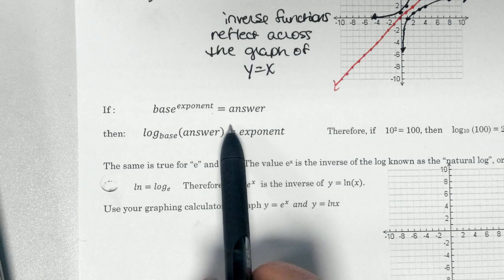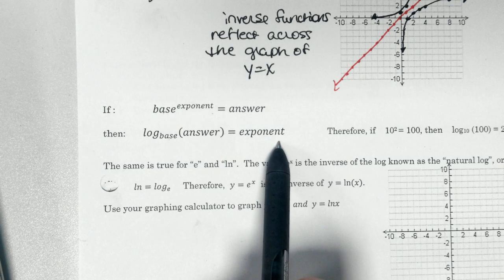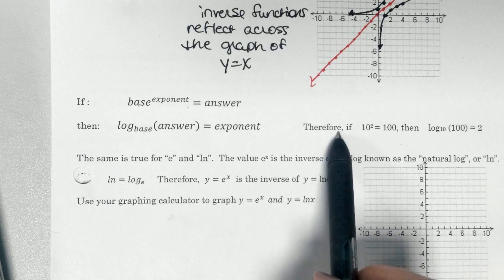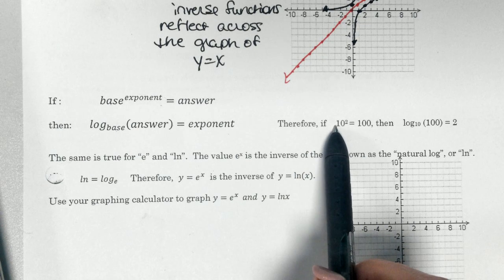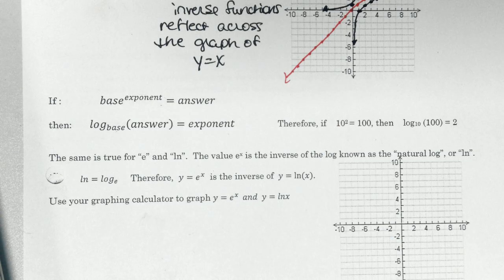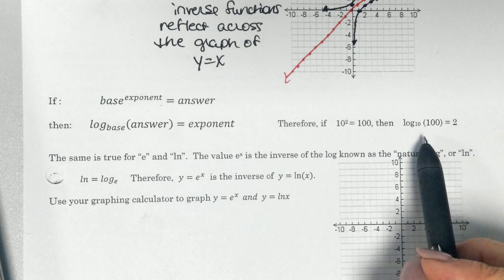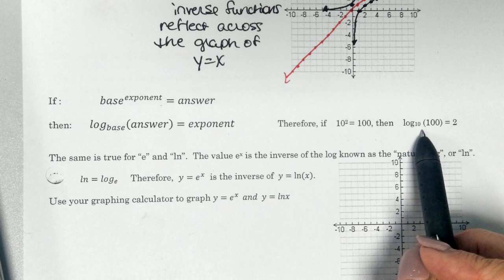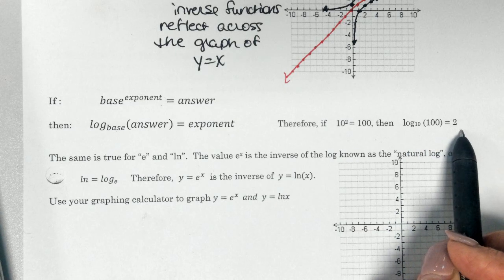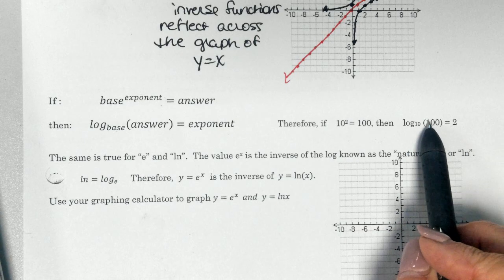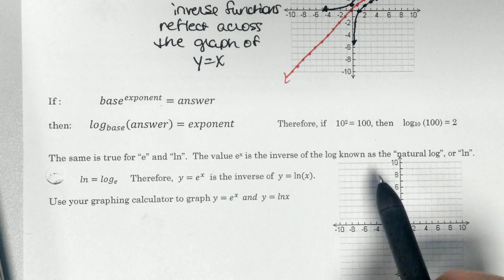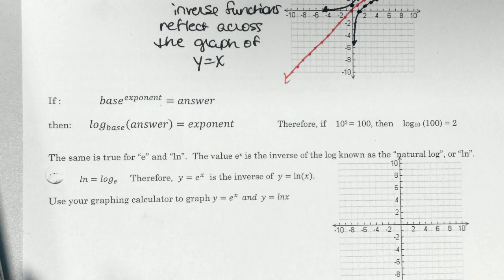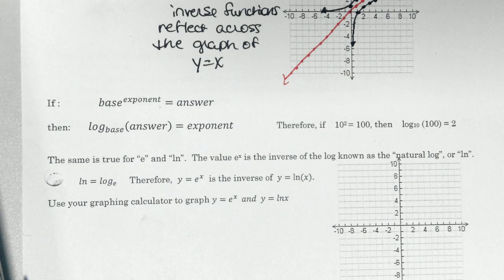And that log is representative of the exponent. Okay? And so I just have another example right here for you. So if you have a base of 10 to the second power, it equals 100. So that would be a log base 10 of 100 is equal to 2. This is what I mean. This log has to represent the exponent that we just expressed. Okay, so that's your logs and your exponents.